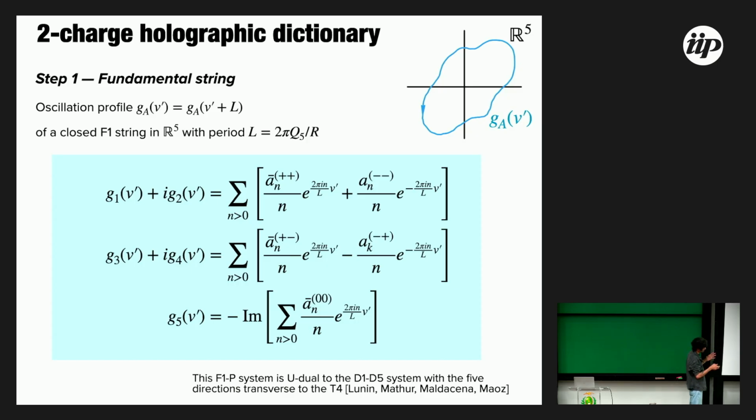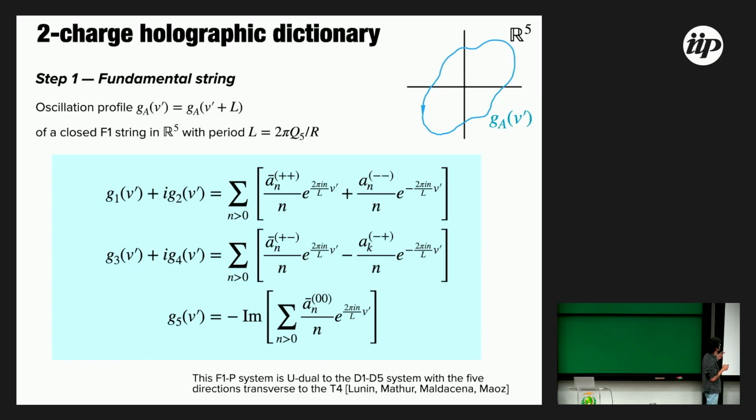It's kind of involved. You first take a fundamental string in R5. This is a construction by Lunin and Mathur, and also Kanitscheider, Skenderis, and Taylor. So you take R5 and you put a string going around. The string can be described by a profile, 5 coordinates, which I call G. And v is a parameter on the loop.